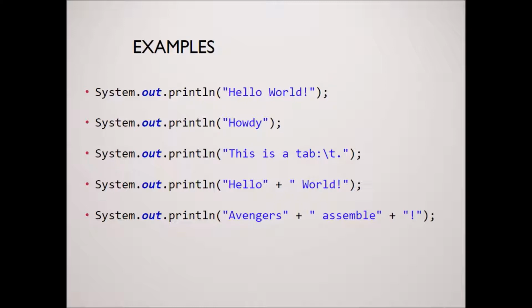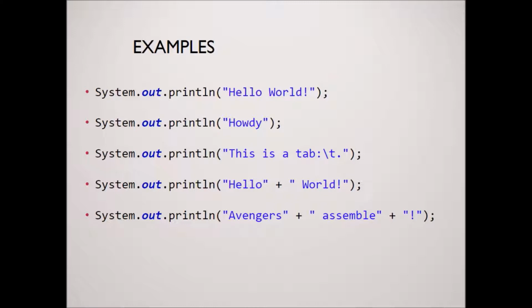So here, this is a literal string, hello world. This is another literal string, howdy. Here we're printing out a tab after we say this is a tab, so that \t will not show up. What will happen is there'll be a double quote, I believe 3 spaces for the tab, and then the period.